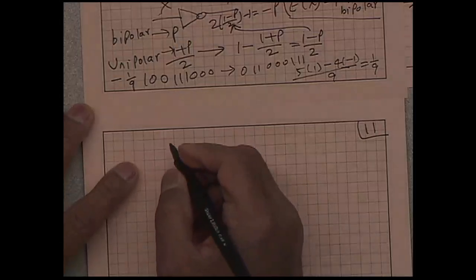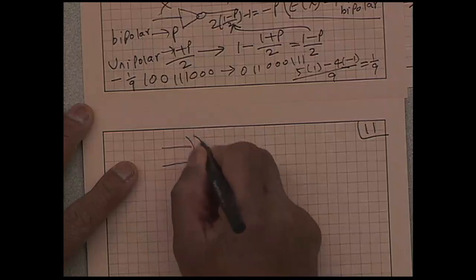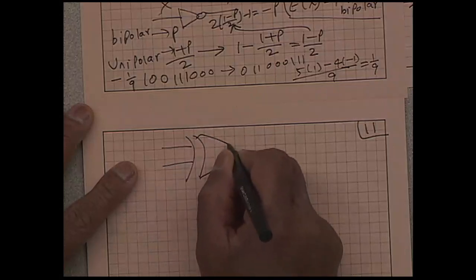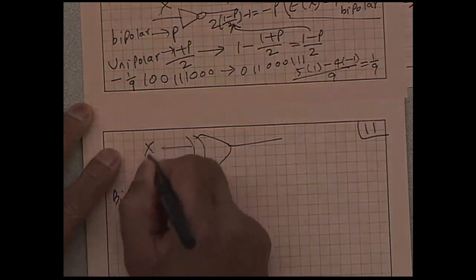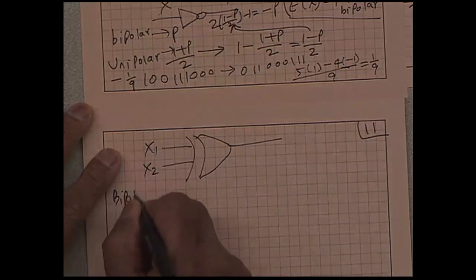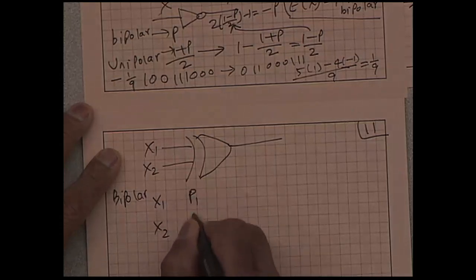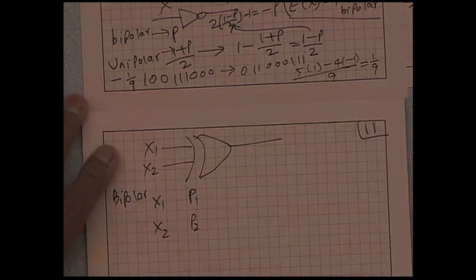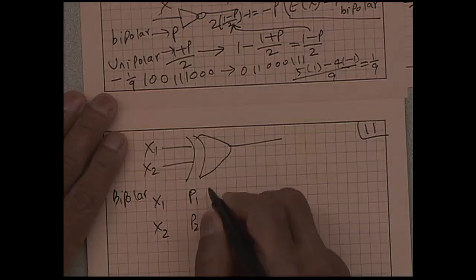Okay, so let's briefly talk about if I had an exclusive OR gate. And let's say that bipolar inputs for X1 and X2 are P1, P2.